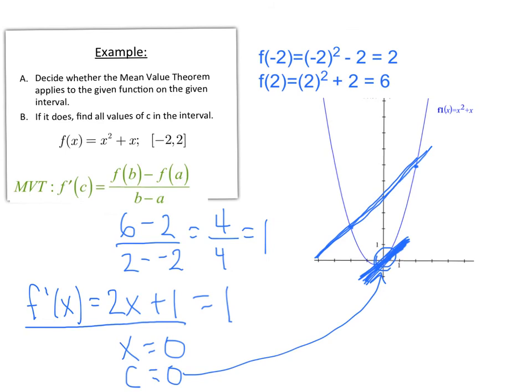Now it's telling me to find all values of c, but we only came up with one value, and I think you can see from our graph that there is only one tangent line on this graph that would be parallel to this line. So we have found the value of c that would satisfy the mean value theorem.